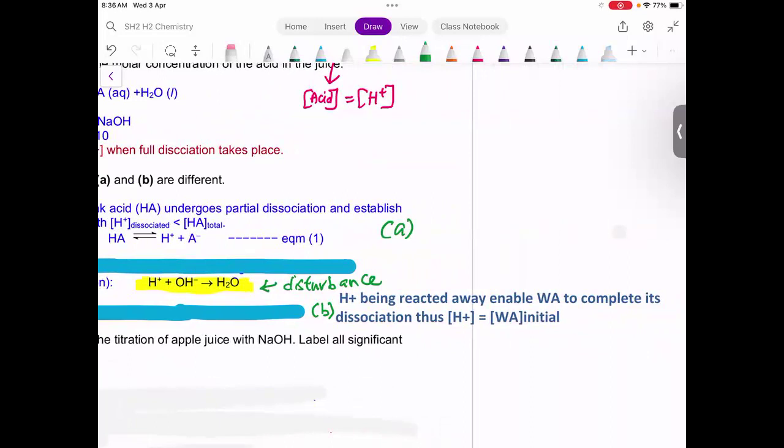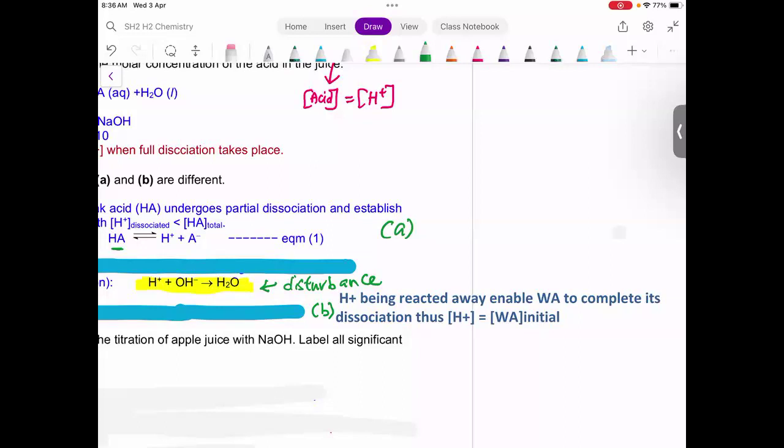Because it's an equilibrium, as your H+ is being removed, more of HA will dissociate. So as it is being reacted away bit by bit, your HA is also there to dissociate, to supplement it, according to Le Chatelier's principle.